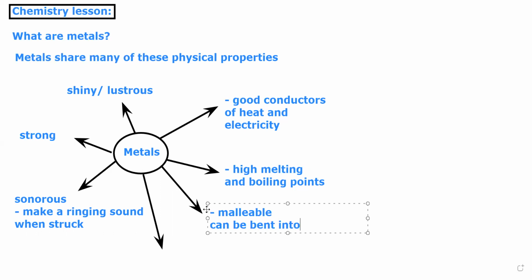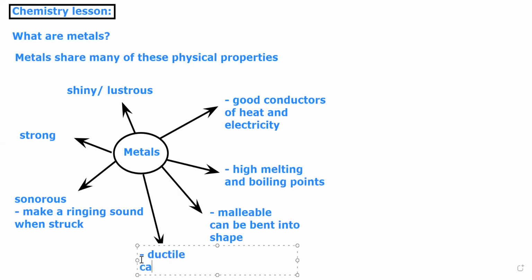And we can also talk about ductile. Ductile means can be drawn into wires. So these are some of the general physical properties of metals that we will remember.